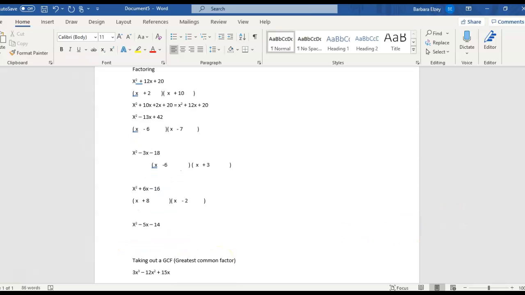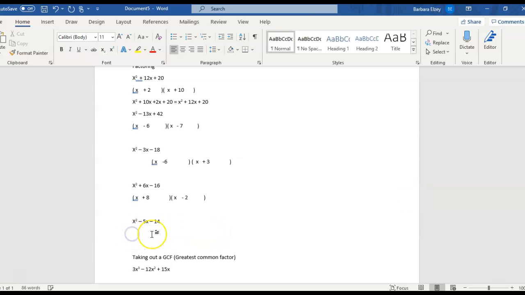All right, and let's do our last one here. Make our two parentheses. Let's put our x's in the front. And then we need factors of negative 14 that add to negative 5.